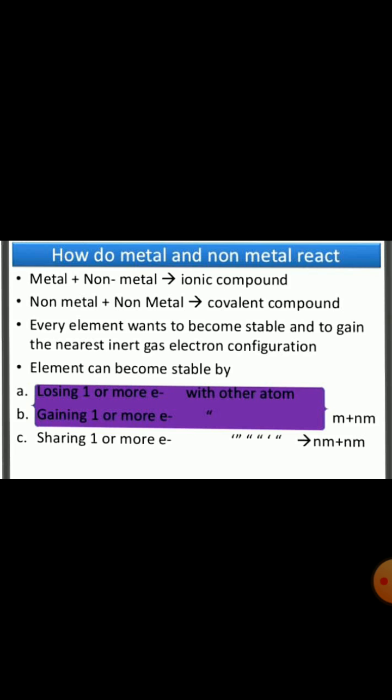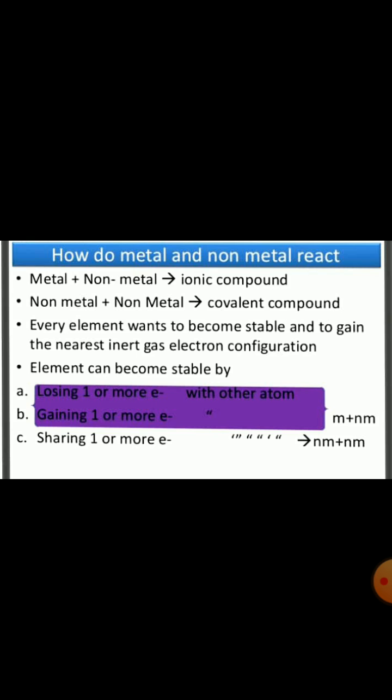So every element wants to become stable. As I told you, there is an octet rule, and to gain the nearest inert gas electronic configuration, inert gas means either 2 electrons in the outermost shell or 8 electrons. So to achieve the configuration like a noble gas, they lose electrons or they gain electrons.